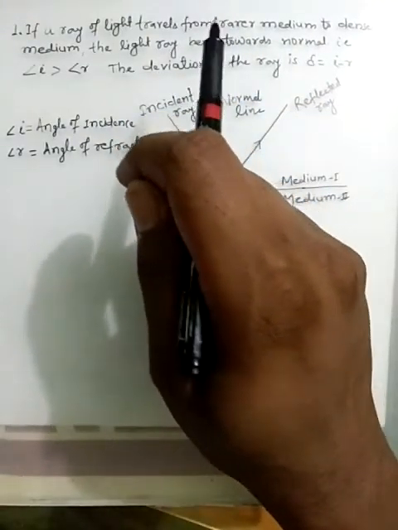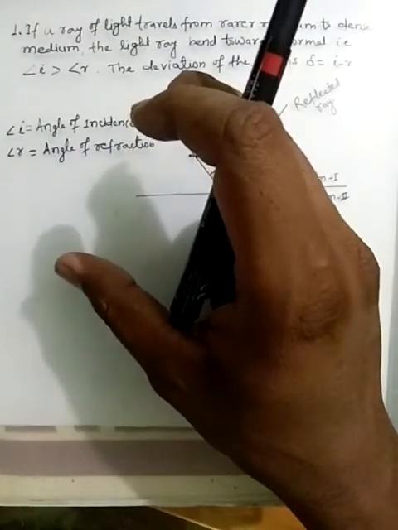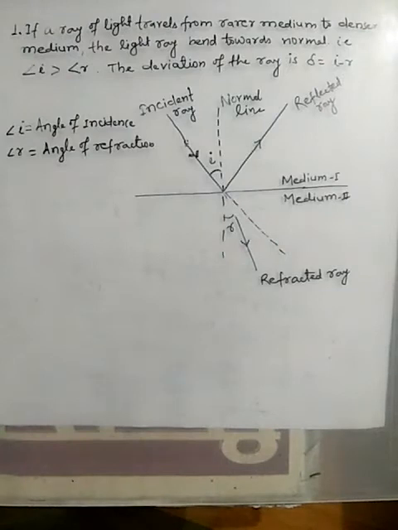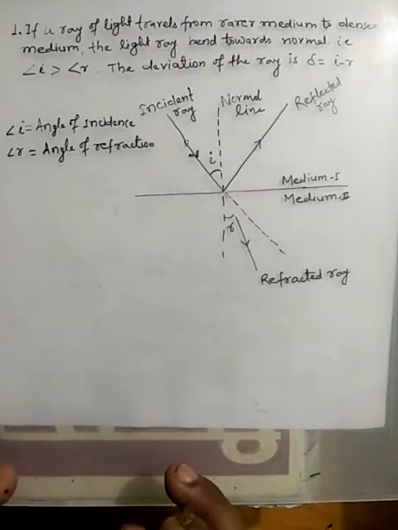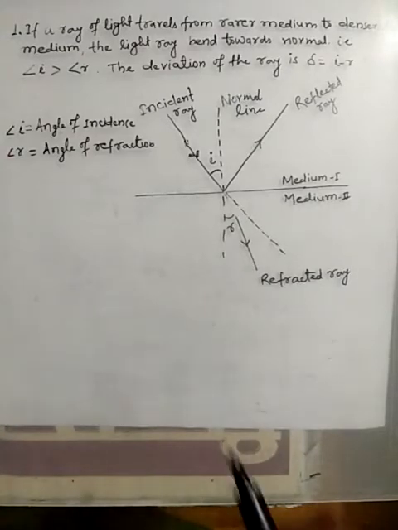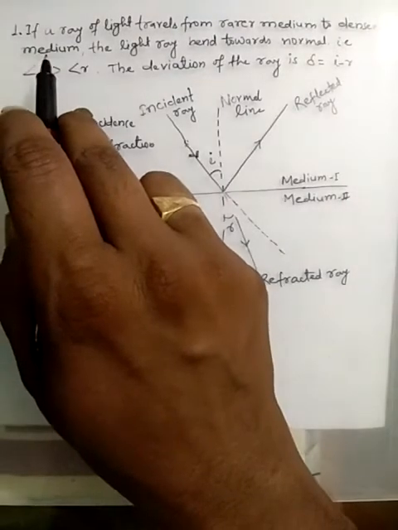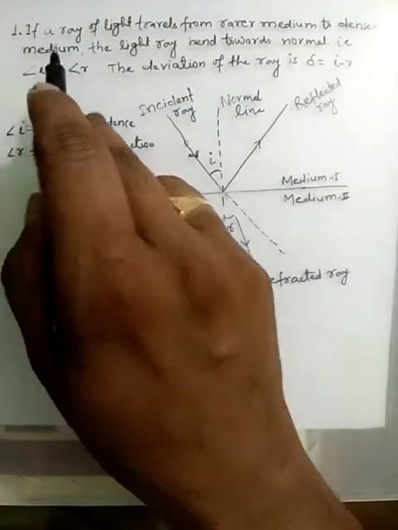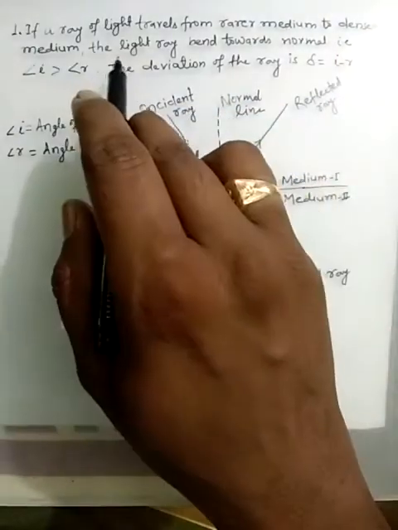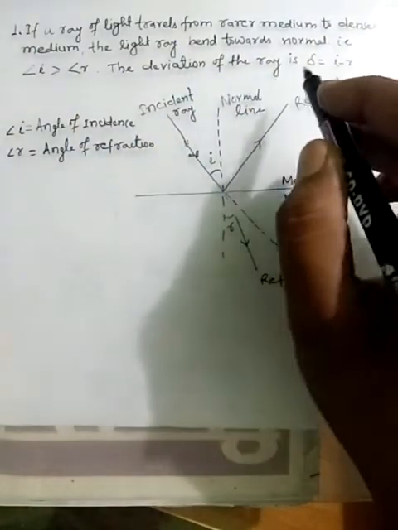A medium whose particle density is less is known as rarer medium, and if the particles of the medium are much more, then the medium is known as denser medium. If a ray of light travels from rarer medium to denser medium, the light ray bends towards the normal.